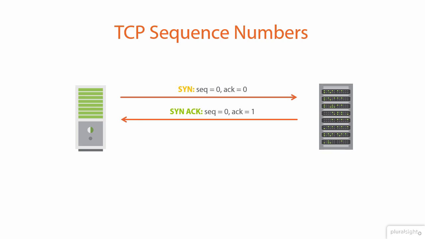Now it's 1 because it's taken the first host's sequence number, which was 0, and it's incremented it by 1. So this is effectively the second host confirming that it received, understood, and recognized the sequence number of the first host. Now finally, the first host responds by sending an ACK to the second host, acknowledging its starting sequence number and adding 1 to its own initial sequence number, which completes the three-way handshake.